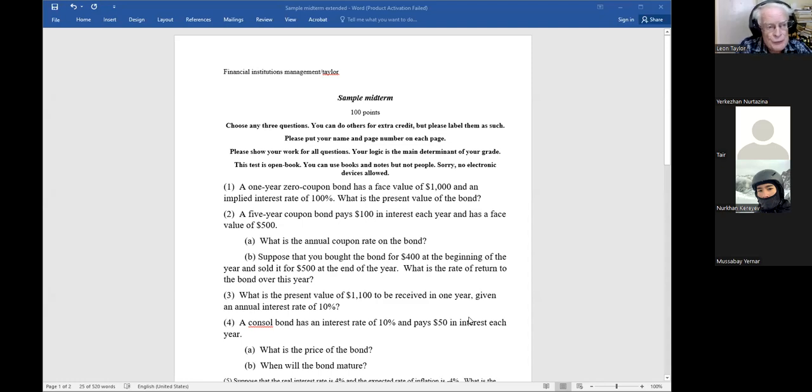So now we have a conventional bond, a coupon bond that pays $100 of interest each year and has a face value of $500. So we're going to think about the rate of return on the first year of the bond as well as the annual coupon rate.